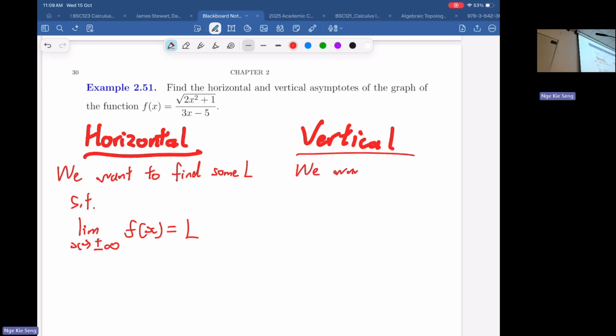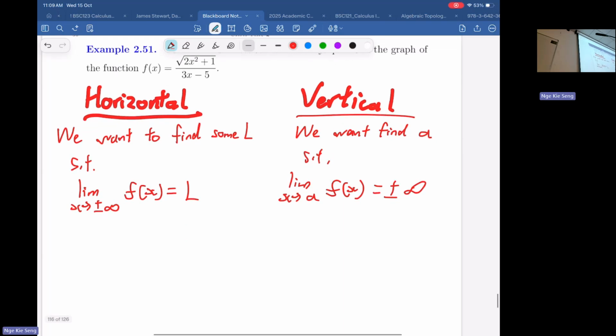We want to find A such that when x goes to A, f(x) will go to either plus or minus infinity. So these are the roles played by the infinity and the number, which determine the horizontal asymptote or the vertical one.